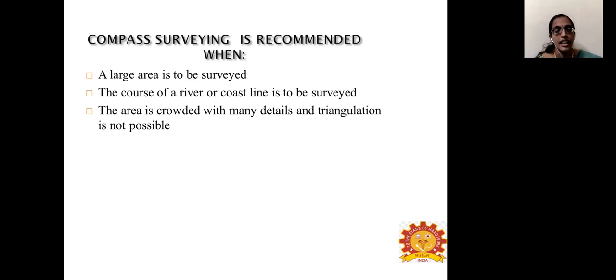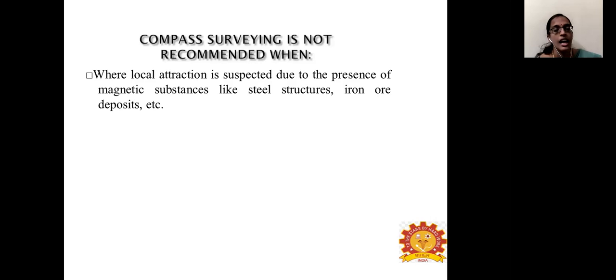Or if the area is crowded with many details, such as valleys, where you cannot use triangulation methods, you can use this surveying method. Compass surveying is not recommended where there might be local attraction due to the presence of magnetic substances such as steel structures, iron ores, etc.